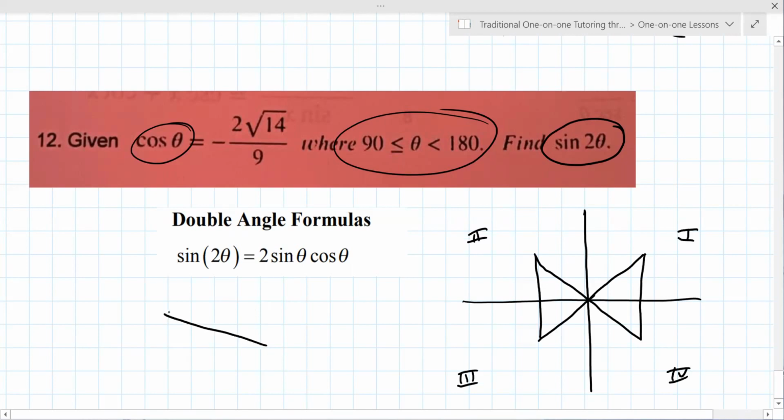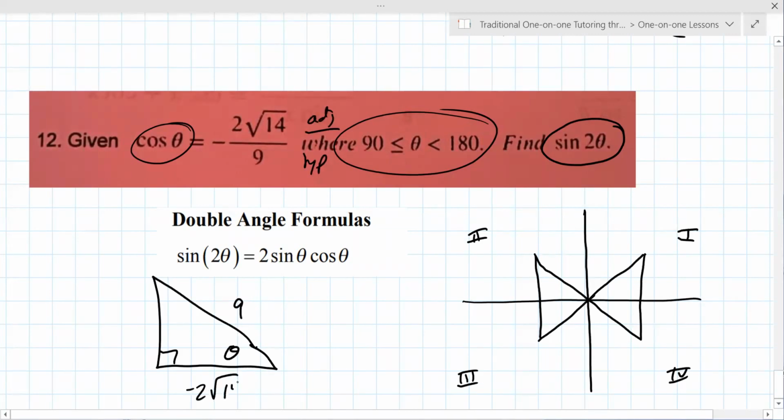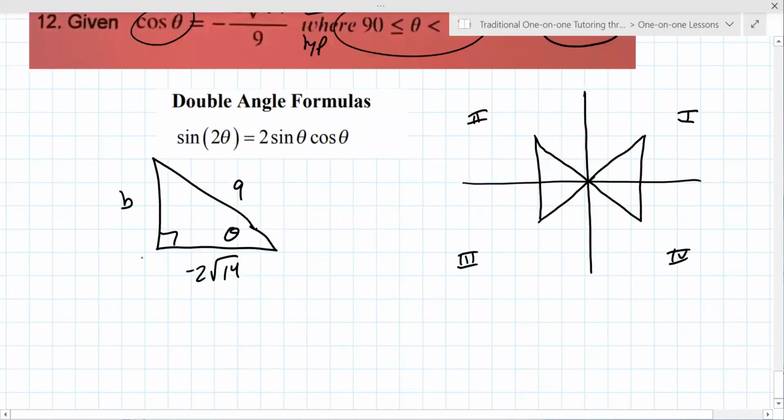They're saying the cosine of theta, adjacent over hypotenuse, looks like this. Because the hypotenuse has to always be positive, we put the 9 there and the minus 2 square root 14 here. And then you still have to solve for b, the missing leg.